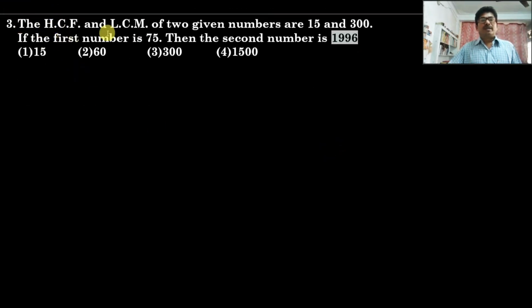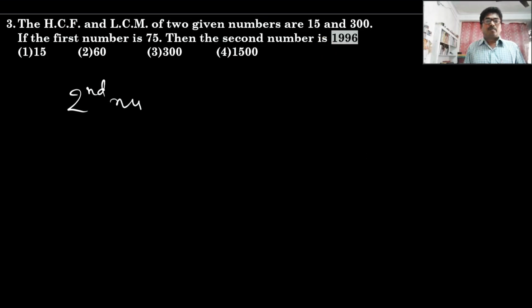Third question: the HCF and LCM of two given numbers are 15 and 300. If the first number is 75, then the second number is... We know the formula for the second number.